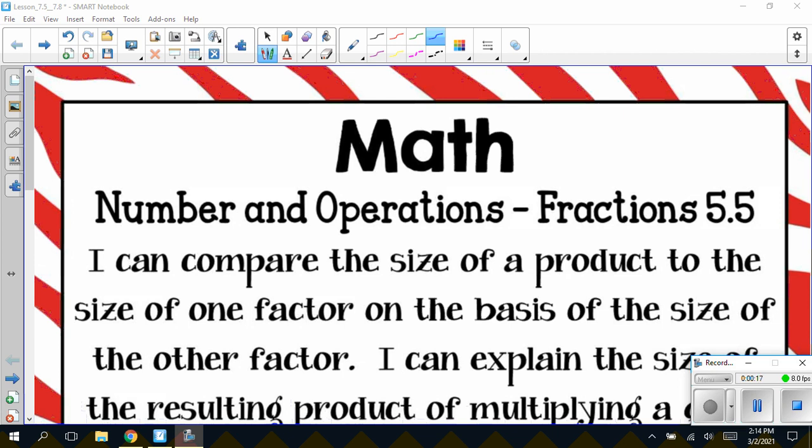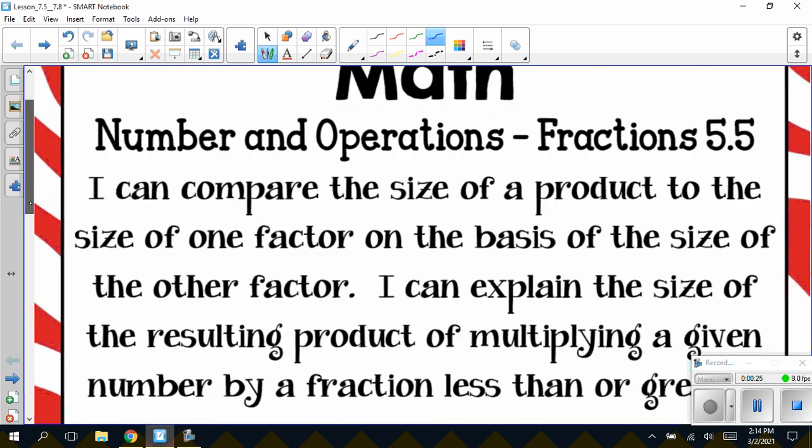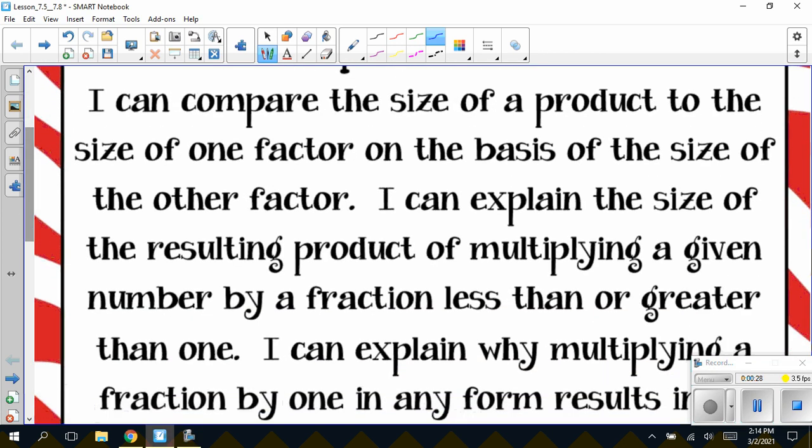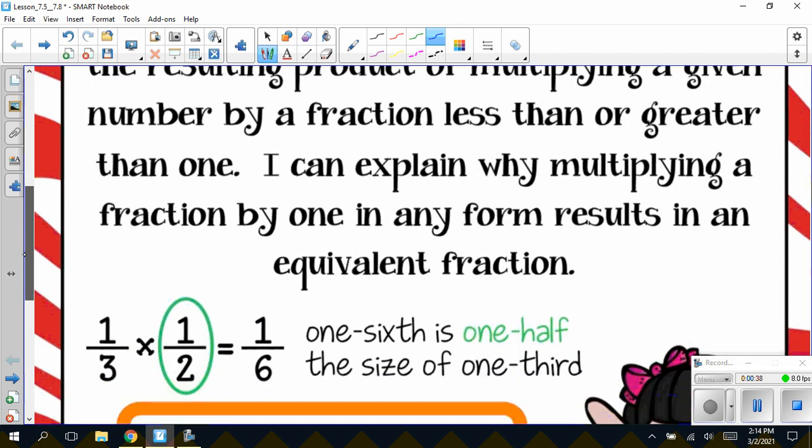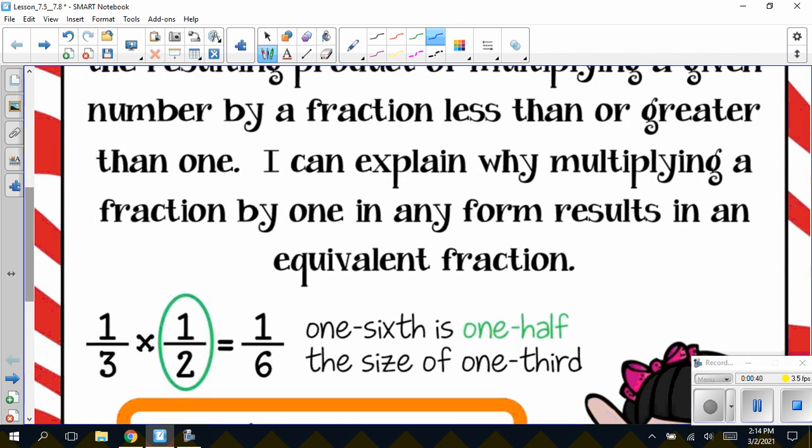Our standard that we are looking at today for both lessons is in Number and Operations Fractions 5.5. This standard states, I can compare the size of a product to the size of one factor on the basis of the size of the other factor. I can explain the size of the resulting product of multiplying a given number by a fraction less than or greater than 1.